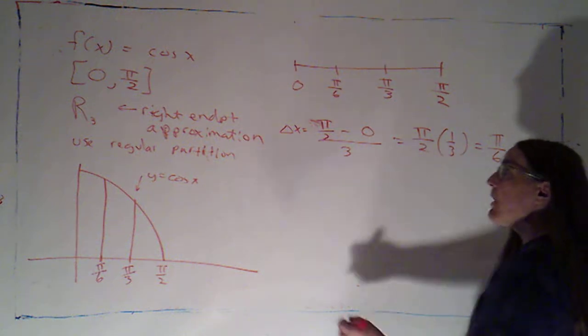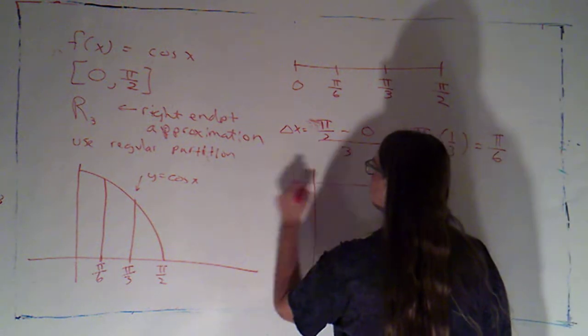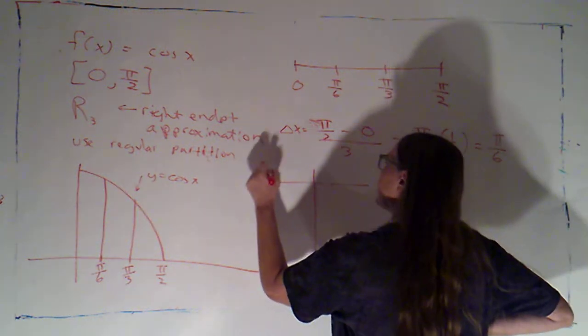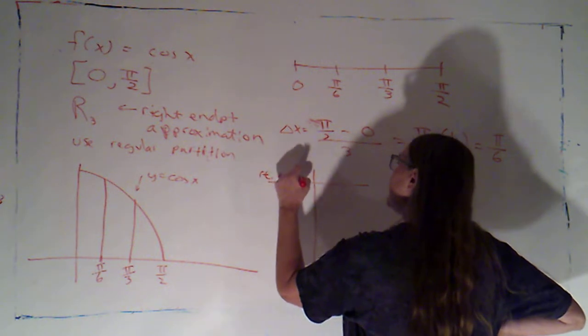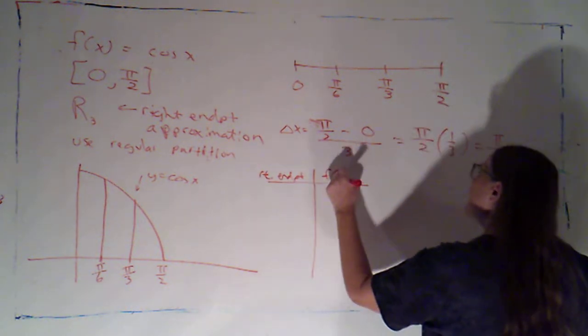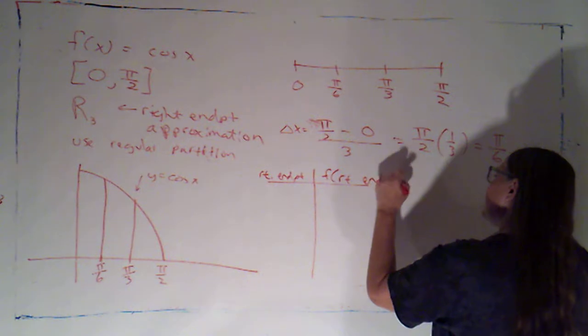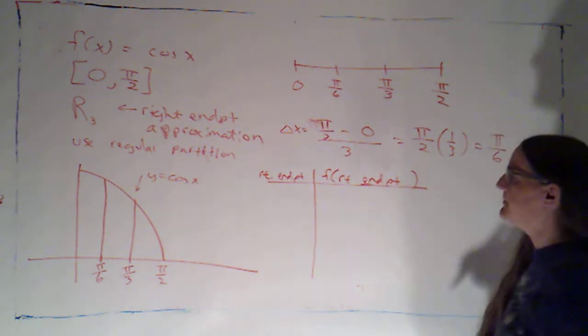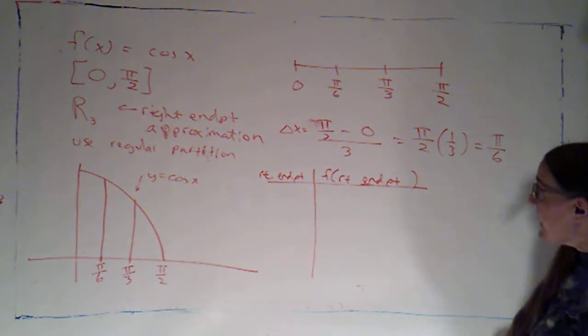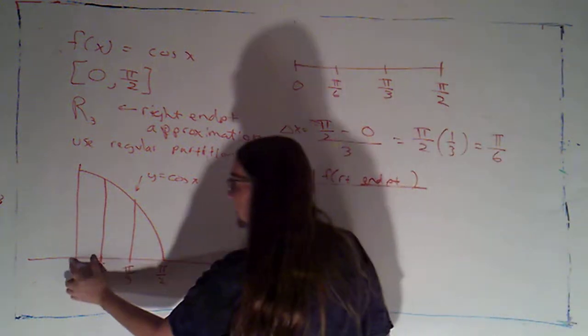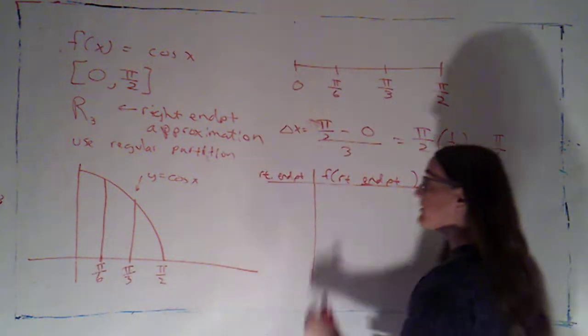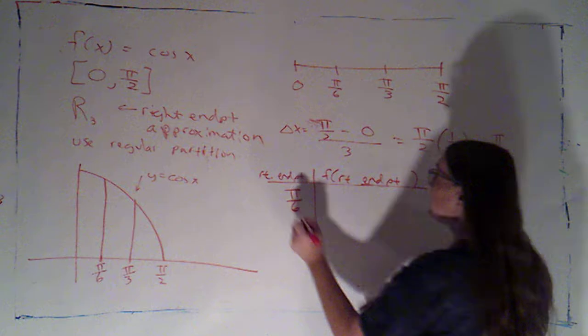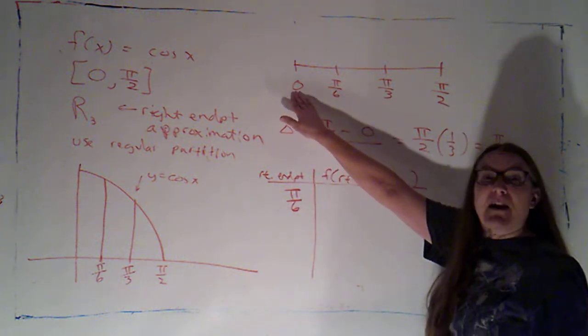Now, I like to create a table of values for things. So I'm going to list my right endpoint and then my function evaluated at my right endpoint. If I'm looking for right endpoints, the right endpoint of that first subinterval is pi over 6. So 0 is an endpoint, but it's not a right endpoint of anything.